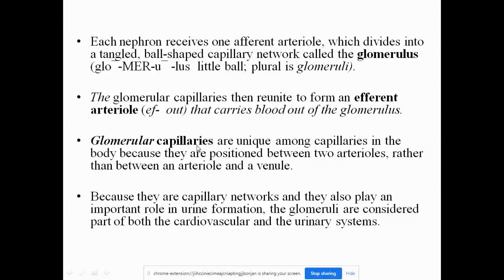As you can see from the name, the glomerular capsule is also a kind of capsule, but it is unique when compared with other capillary beds in the body because it is positioned between two arterioles, the afferent arteriole and the efferent arteriole, rather than between an arteriole and a venule, which is where capillaries are usually present. Because they are a capillary network and also play an important role in urine formation, the glomeruli are considered part of both the cardiovascular system and the urinary system.